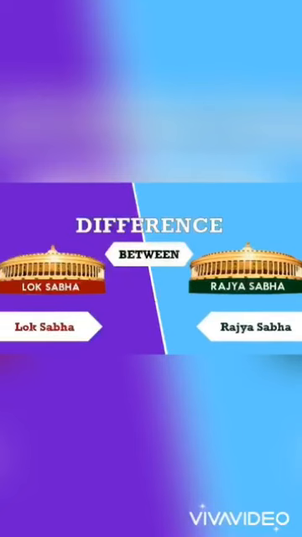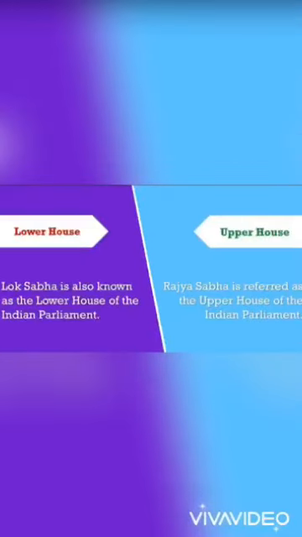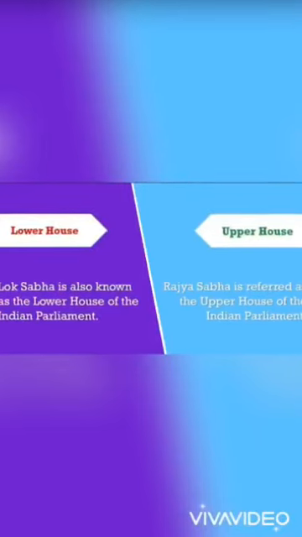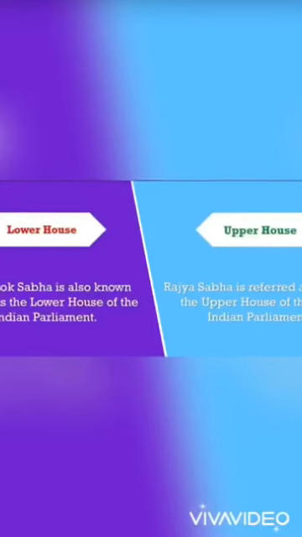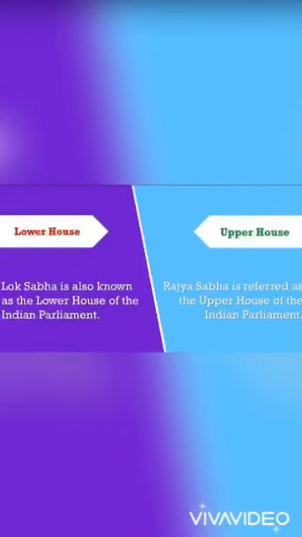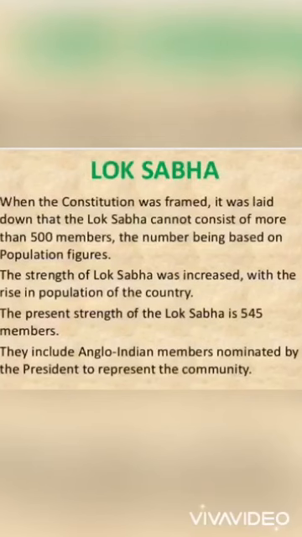We will do them in a tabular form. Lok Sabha, with what other name? Lok Sabha is known as House of People or Lower House, whereas Rajya Sabha is known as Council of States or Upper House. Composition. What is the composition of Lok Sabha?